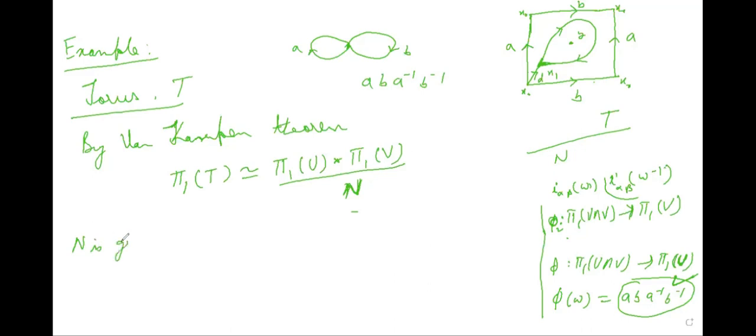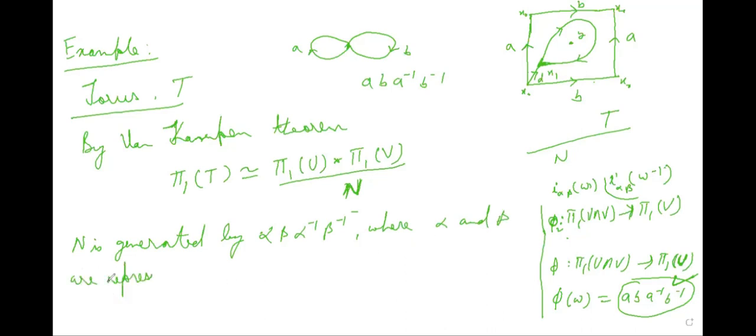So N is generated by, we can write, alpha beta alpha inverse beta inverse, where alpha and beta are loop classes represented by the loops A and B respectively.